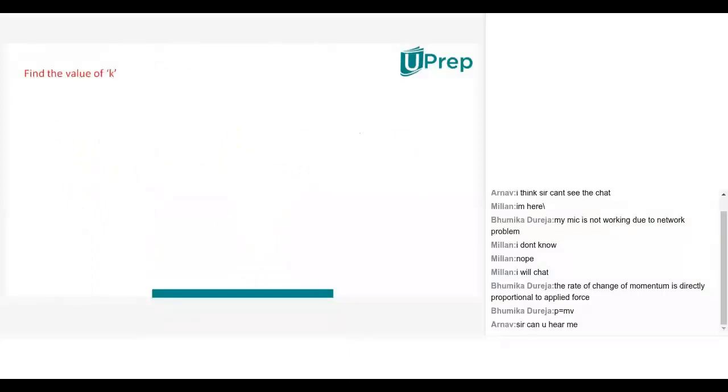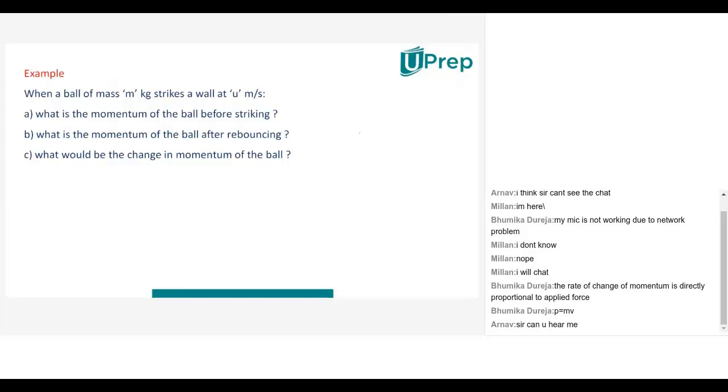What is the momentum of the ball before striking? First sentence also you read. When a ball of mass m kg strikes a wall at u meter per second, now tell me what is the answer for the first one. Others, text me. What is the momentum of the ball before striking? First, what is the momentum of a ball?